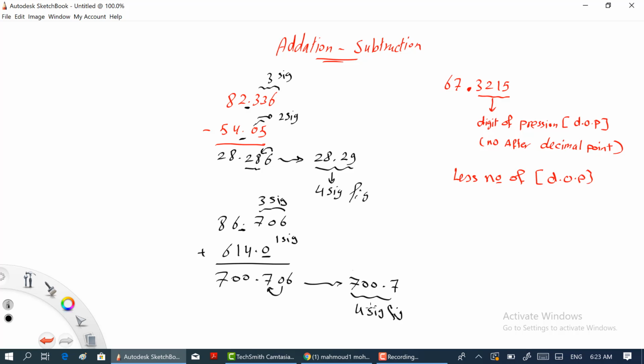So now we are going to the end, the mixed operations.